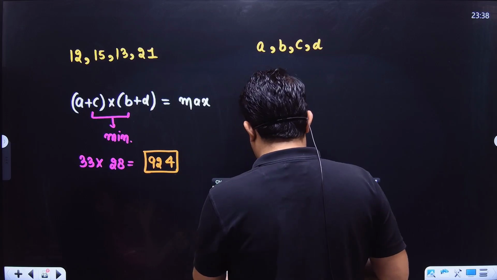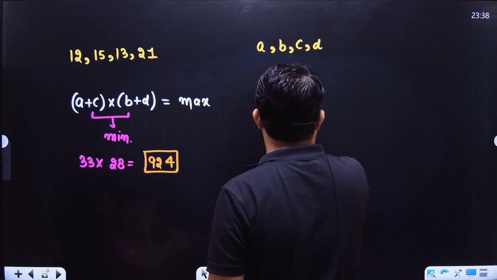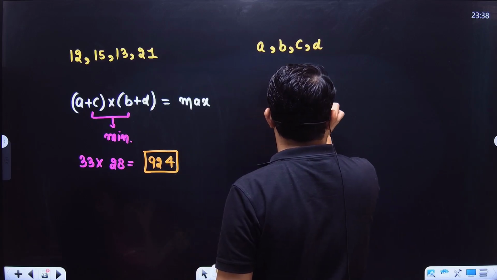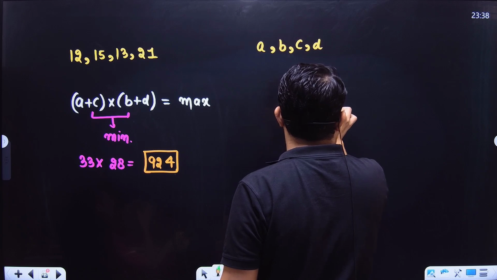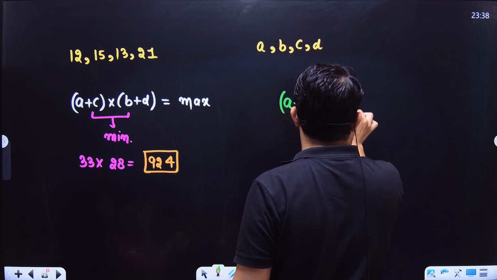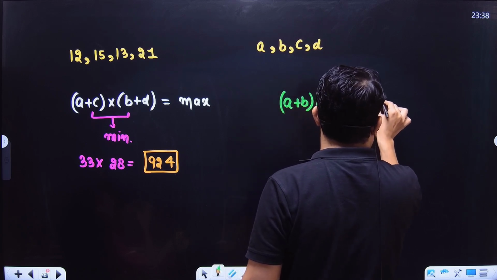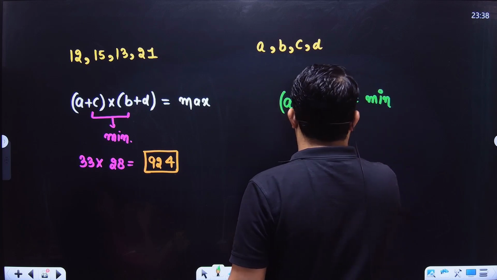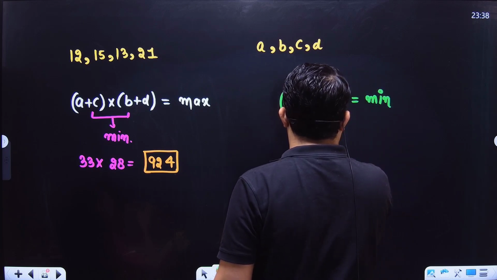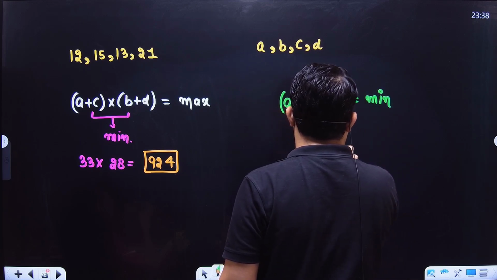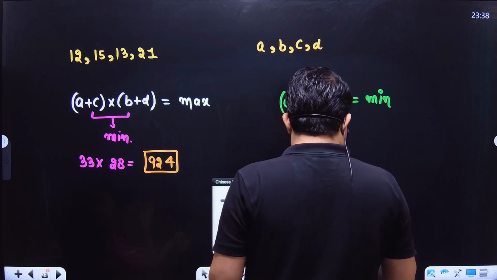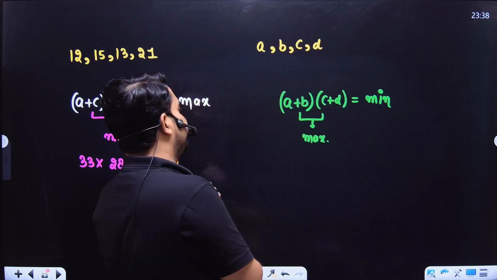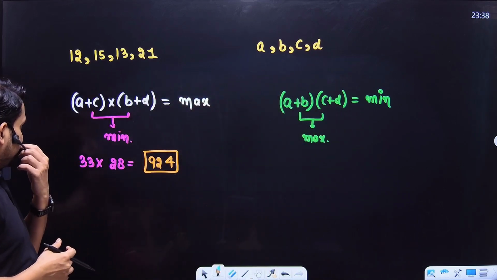If you have to find the minimum value of (a plus b) into (c plus d), then this difference would be maximum. How will you maximize this difference?